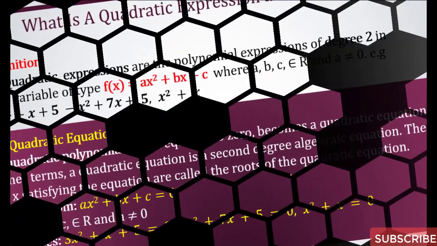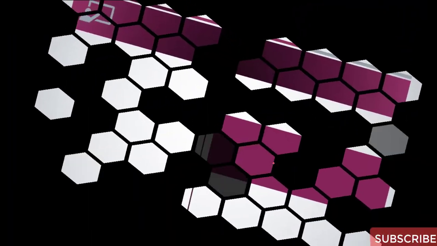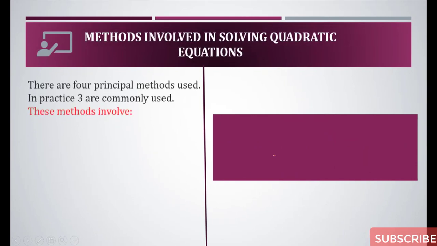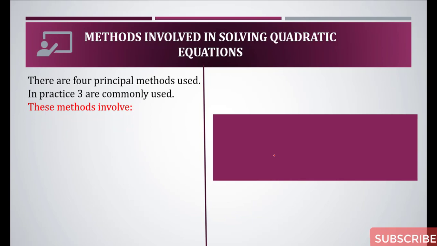How then can we solve quadratic equations, and what are the principal methods involved? There are 4 principal methods, of which 3 are most commonly used. The first one is the method of factorization, and under factorization 2 cases arise.